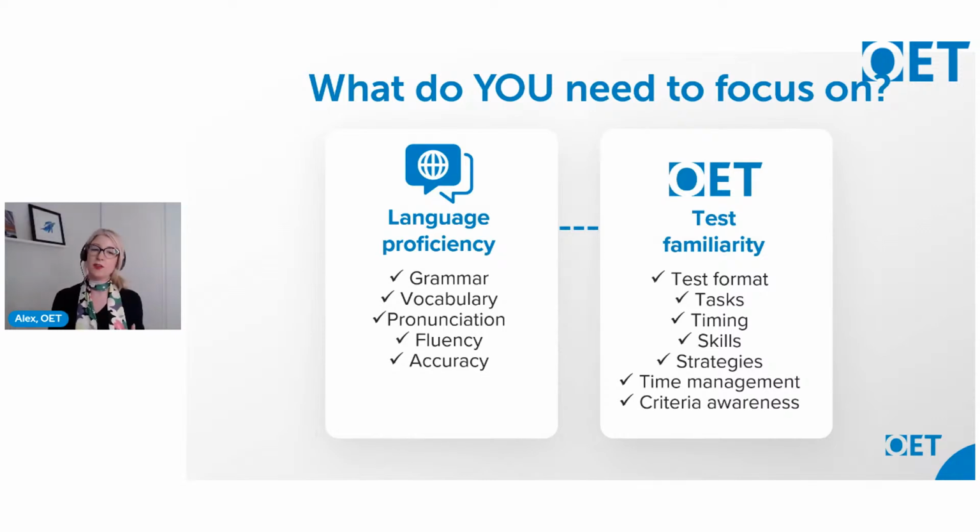Writing and reading. Quite a few people talking about grammar and vocab, which is great. It's just really good to be aware of that so that you can take steps to work on it. If your grammar and vocab level is here and you want your OET score here, it won't happen just by learning about the test. Like, you have to build those skills in order to reach that goal.